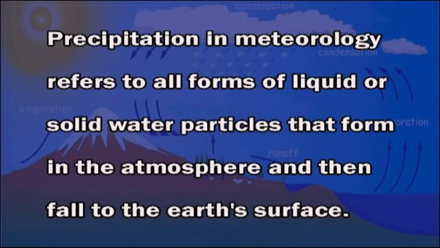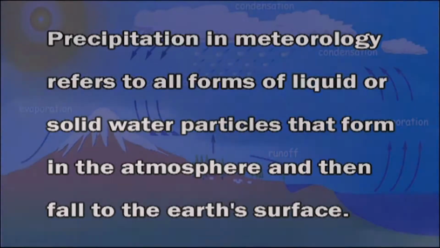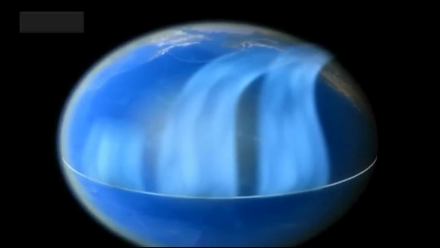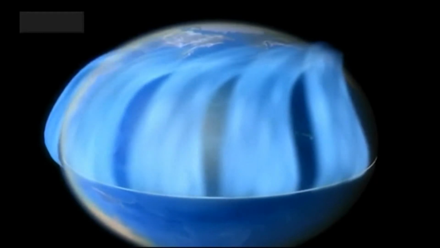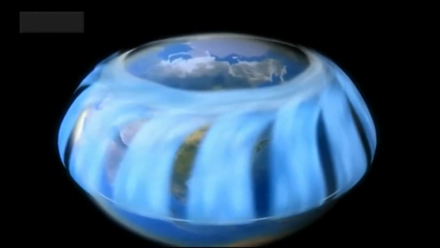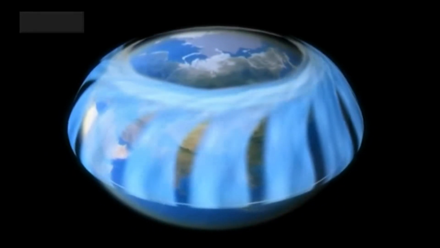Let us start with the definition of precipitation. Precipitation in meteorology refers to all forms of liquid or solid water particles that form in the atmosphere and then fall to the earth's surface. Precipitation is defined as liquid or solid condensation of water vapor falling from clouds or deposited from air onto the ground.